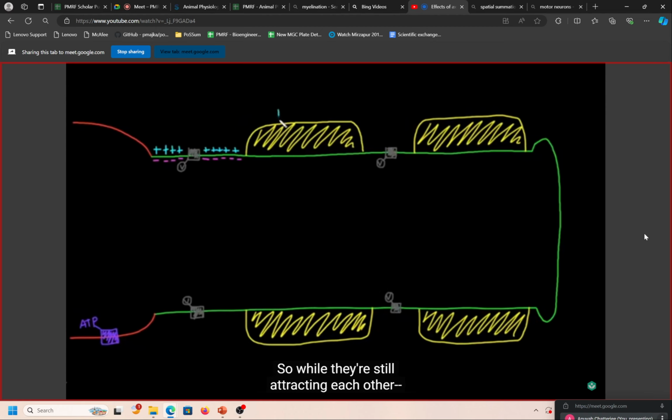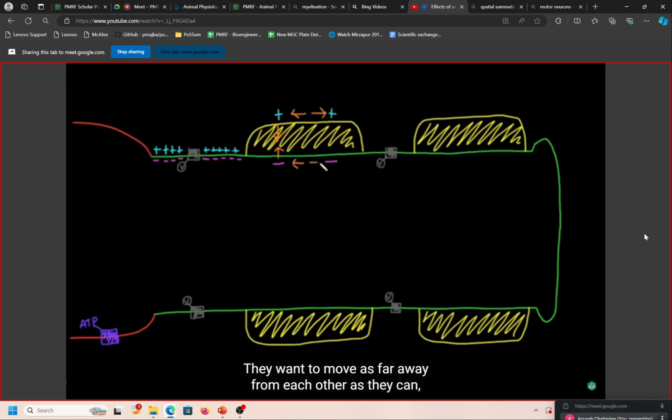So while they're still attracting each other, there'll be a cation out here and an anion right here, and they are still attracting each other, trying to pull toward each other across the membrane that won't let them pass. But the strength of this attraction is much less, because the distance between these ions is much farther, so now you can put like charges on the same side of the membrane, because there's less of an attraction across the membrane to make up for the repulsion that these like charges feel toward each other.